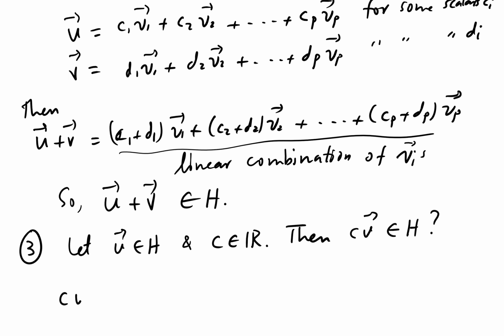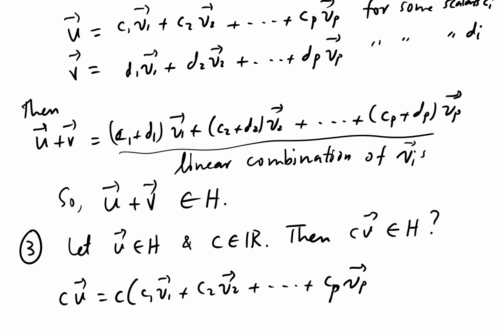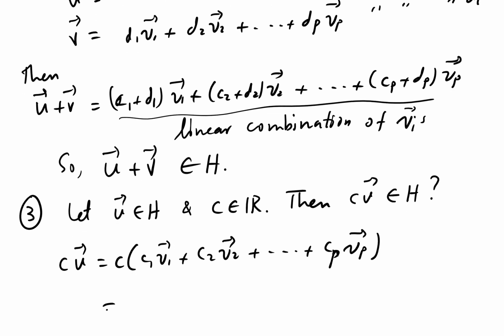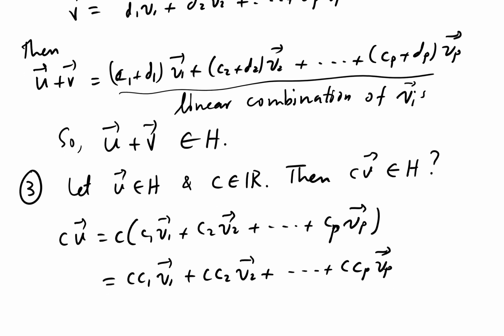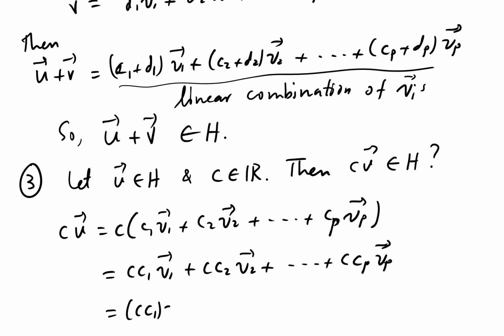To do that, c times u equals c times, what is u? c1v1, c2v2, all the way to cpvp. So multiply: c times c1v1 plus c2v2 plus all the way to cpvp. Then we get cc1v1 plus cc2v2 plus all the way to ccpvp.